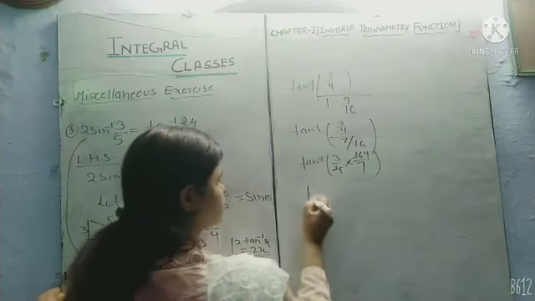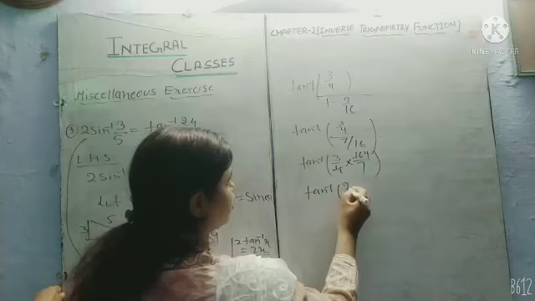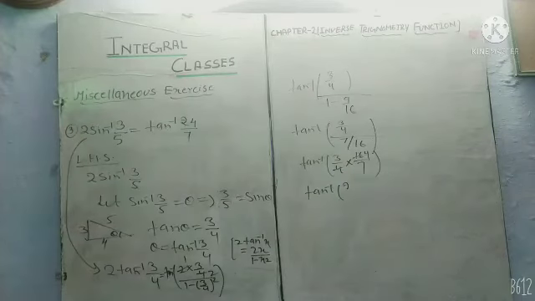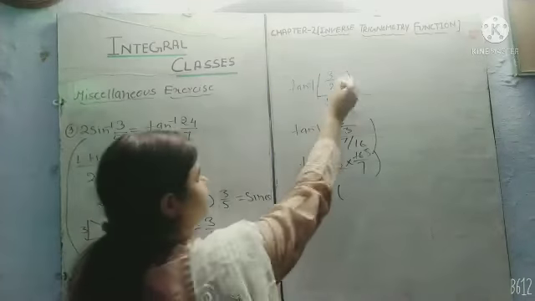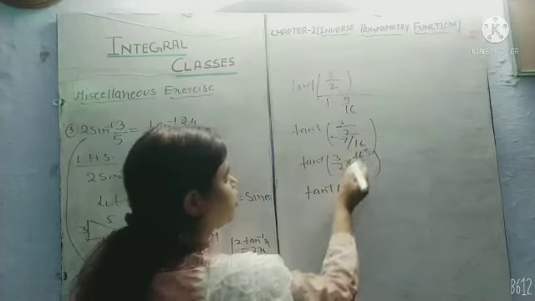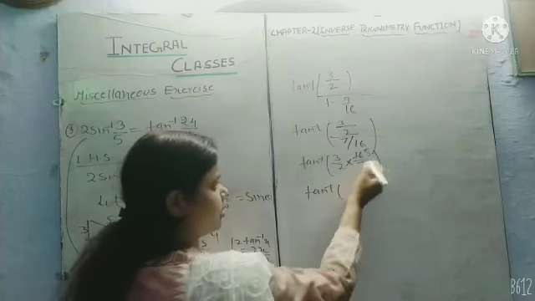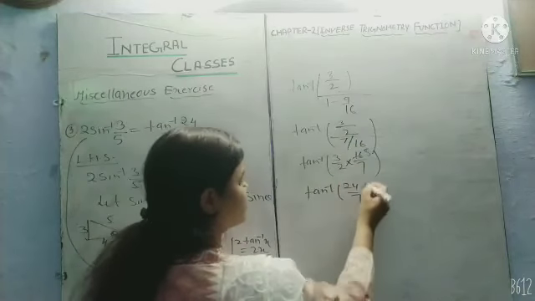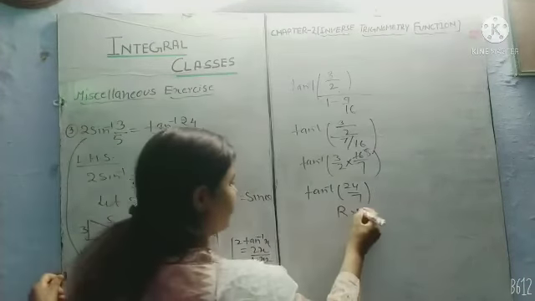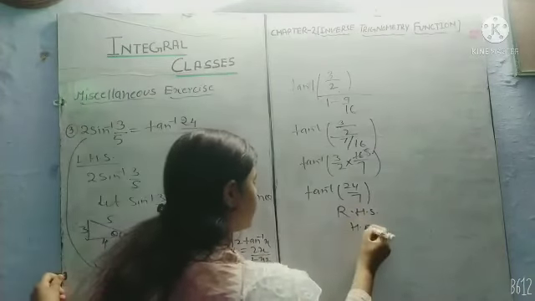The 2 cancels, 8 times 3 is 24, so we get 24 by 7. So we get the right hand side from the left hand side, hence proved.